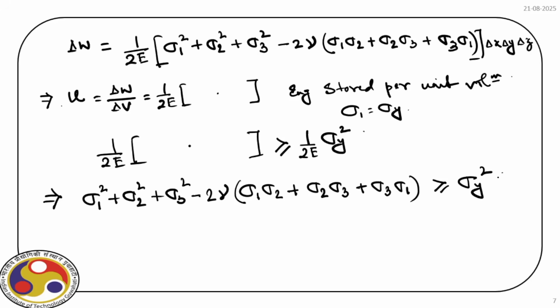Okay, so that's the criteria for failure as per maximum elastic energy theory. Okay. The next theory that we are going to discuss is energy of distortion theory.